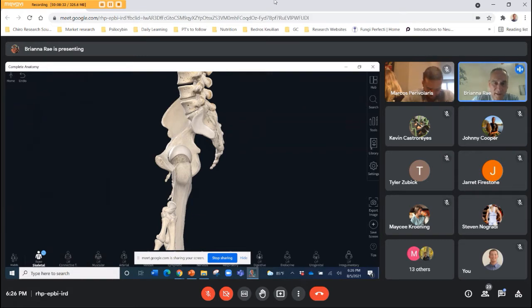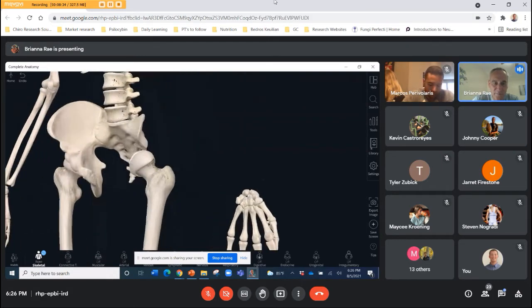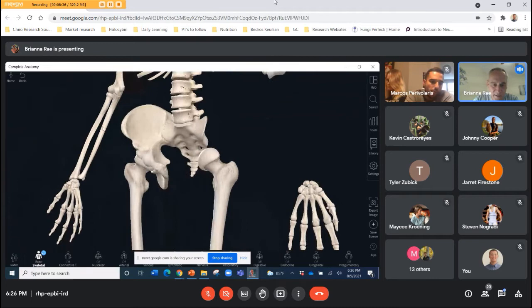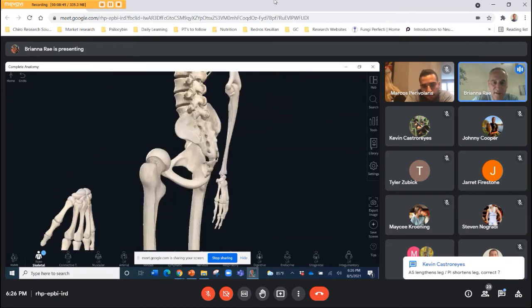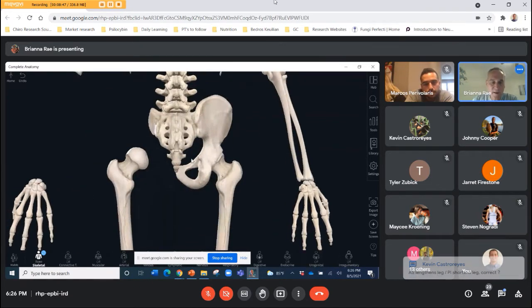And then look at the shape of the ilium or the innominate. It's kind of bowl-shaped. So you have all those different angles, and that's why you get the effect of the femur head rising or lowering, and then it causing the length of the leg to just do the opposite.